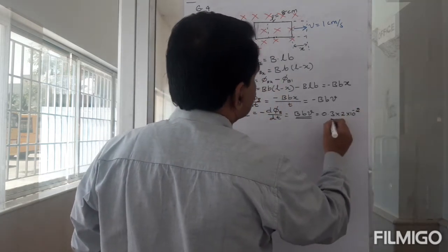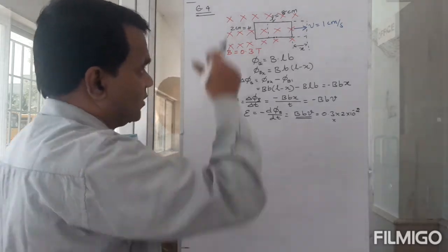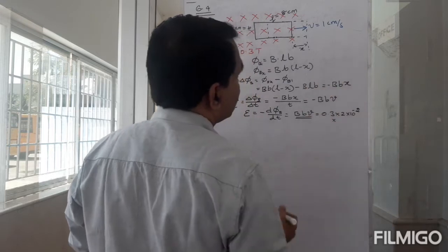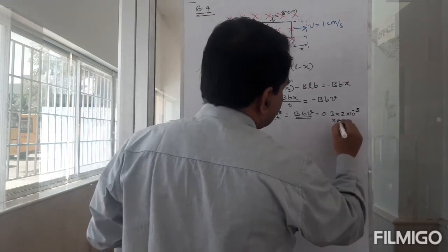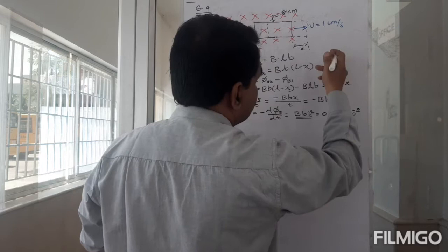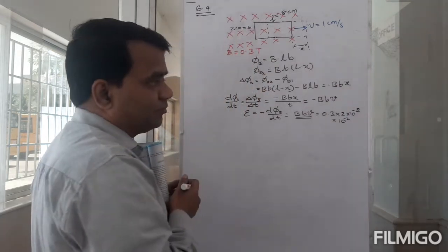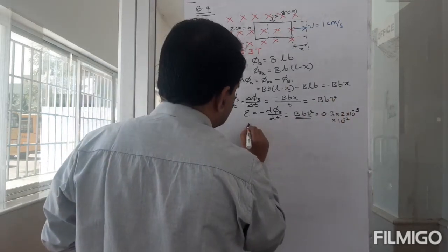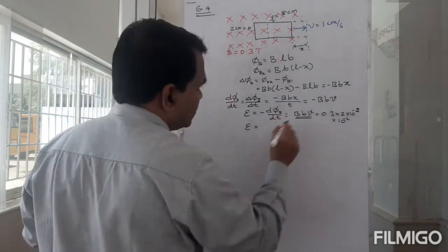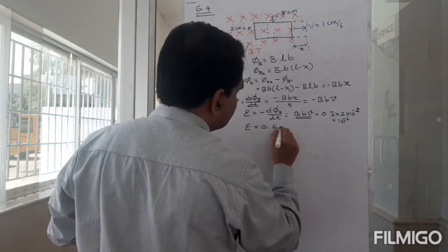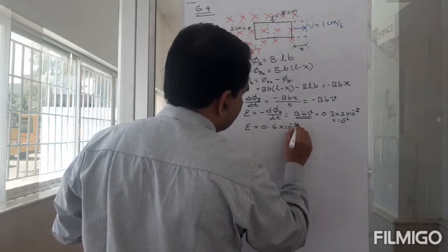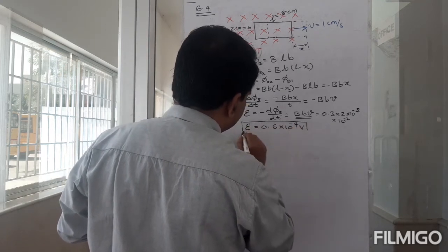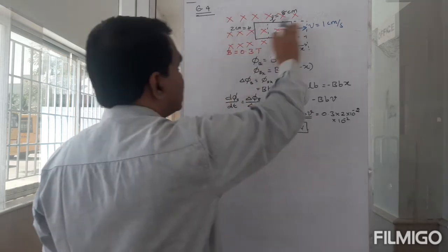Then multiplied by, what is my velocity? 1 centimeter per second, which means it is 10 power minus 2 meter per second. That's the velocity now. So my induced EMF is going to be 0.6 into 10 power minus 4 volts, when I move it like that.